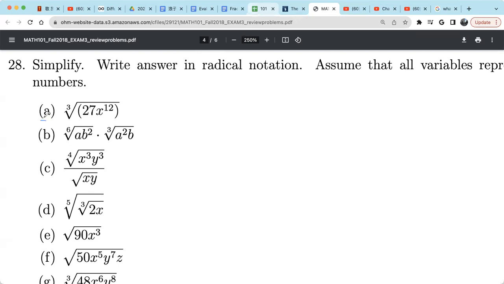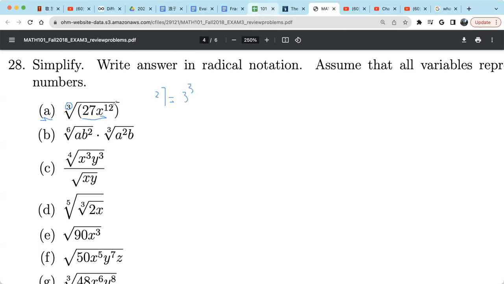Okay, let's see. The index is 3. We're looking for the exponents in the radicand to be multiples of 3. So 27 is 3 raised to 3, so we would write 27 as 3 raised to 3.